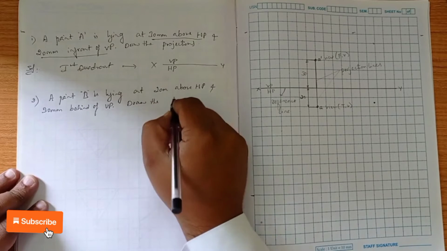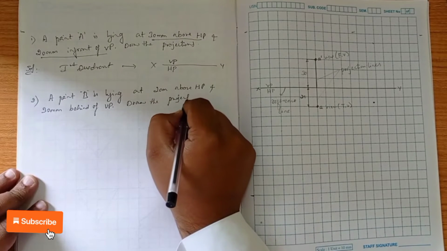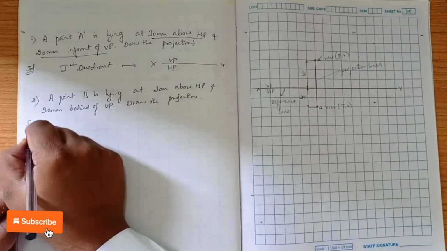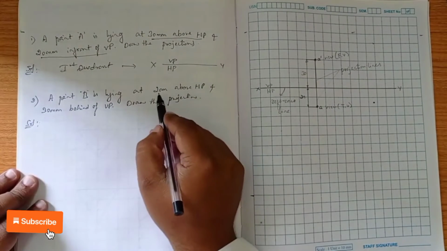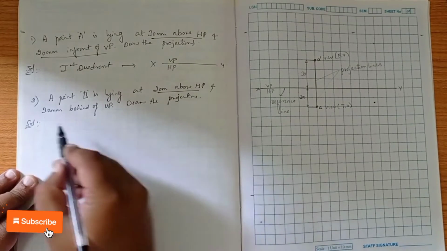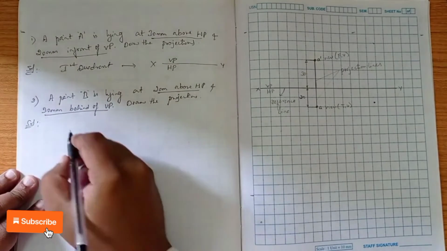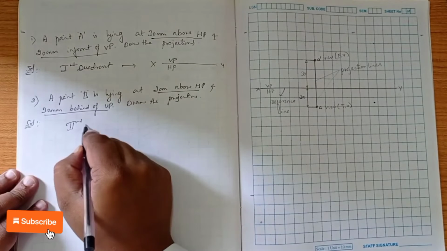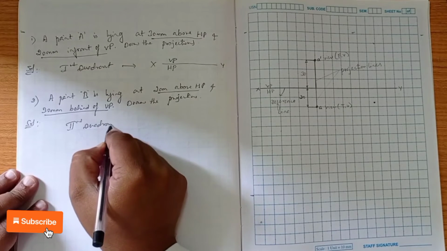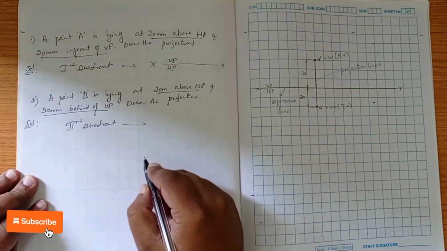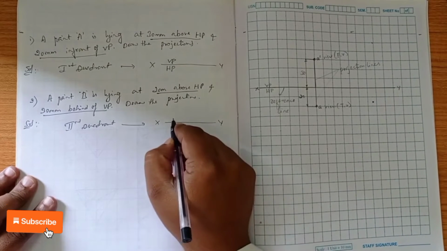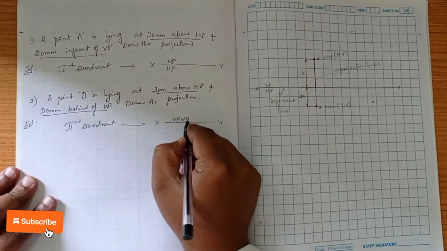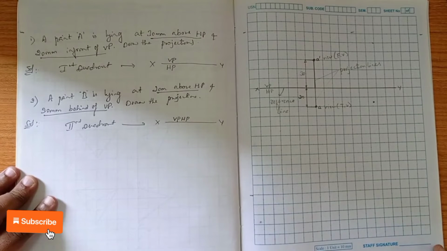Draw the projections. Here also we follow the same concept. First we will identify the quadrant. If a point is lying above HP and behind VP, it is in the second quadrant. For the second quadrant, in terms of the XY line, both the vertical plane and horizontal plane lie above the XY line.